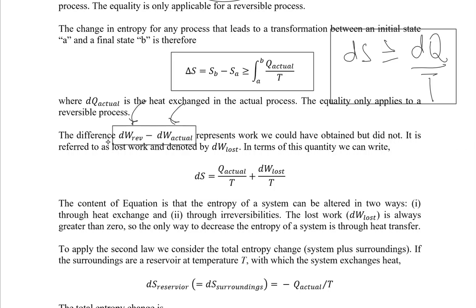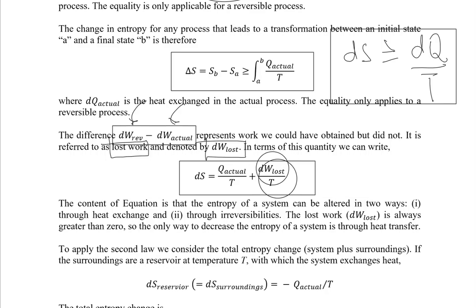It is referred to as the lost work, and it is denoted by this. So the total entropy change in a system and surroundings, ds, is equal to dq by T plus the portion which is lost during the process. This is what we call the lost work.